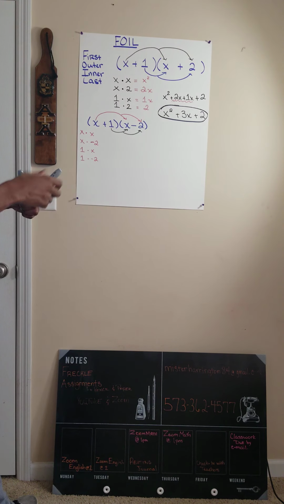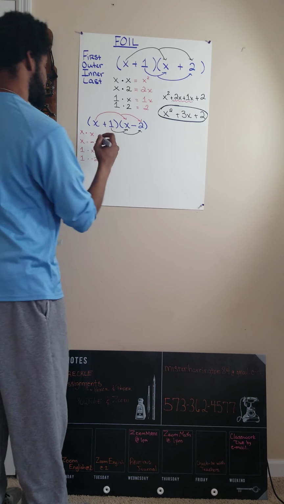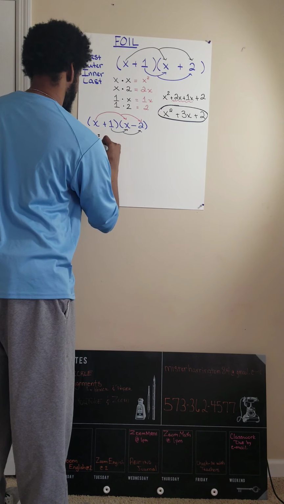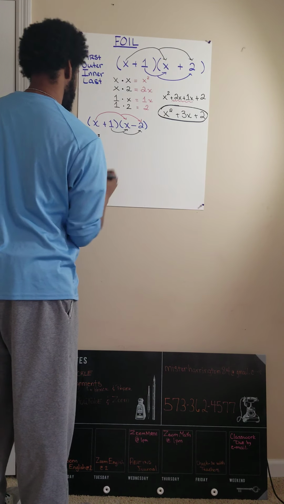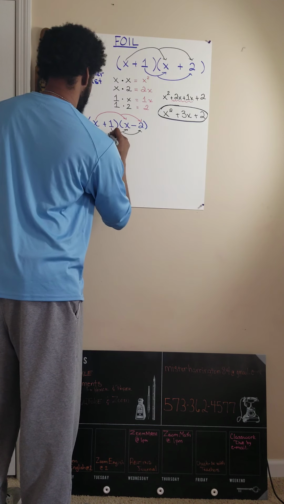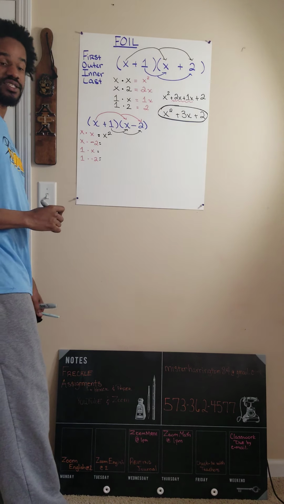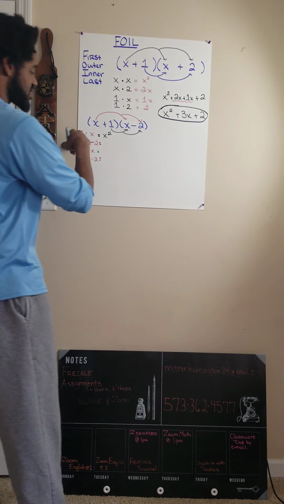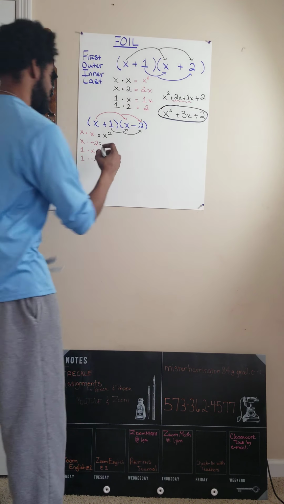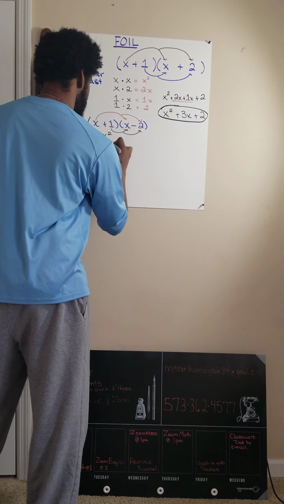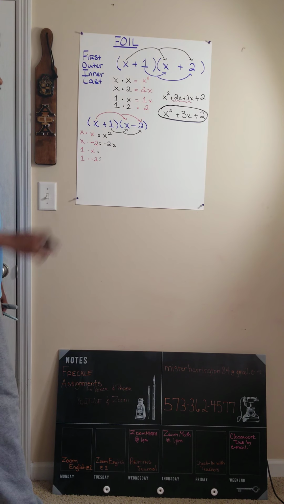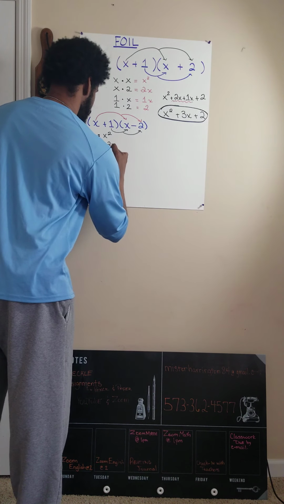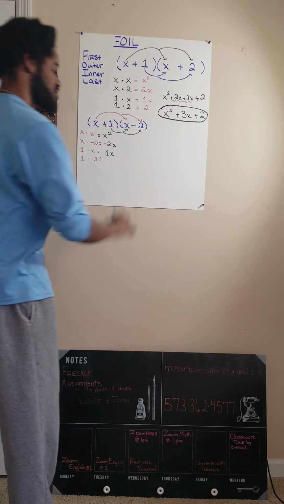All right, now let's do the same thing. Let's get our answer, or let's get our 4 before we break that down. X times x, x squared. X times negative 2. Let's put those two together. So now I have negative 2x. 1 times x, 1x.